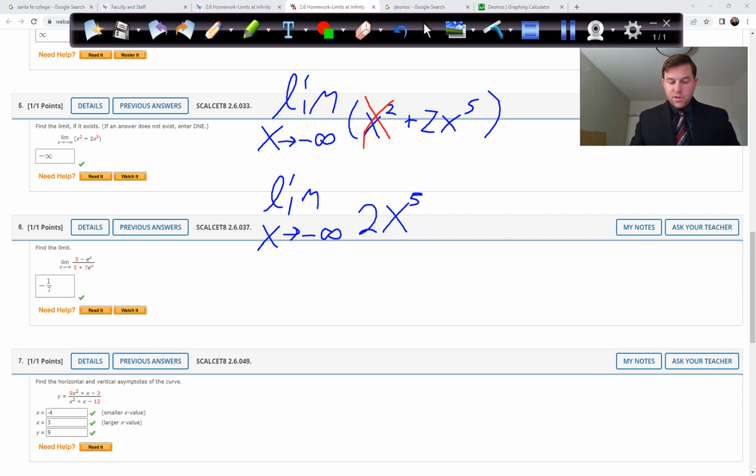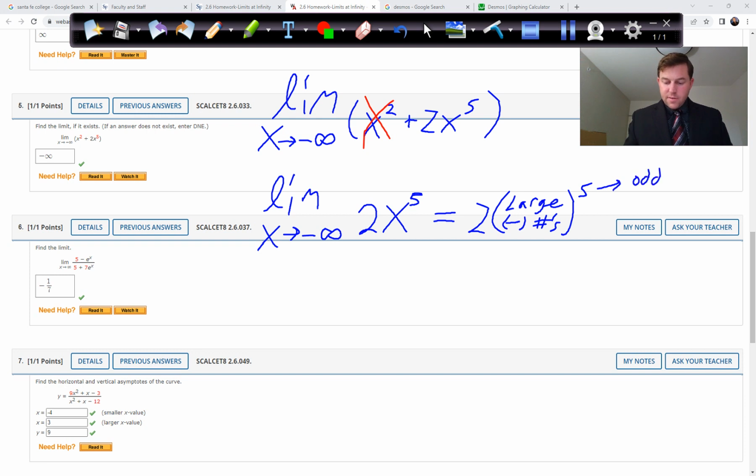Okay, now we have to think about the power. So as you have negative numbers here, so we're putting in large negative numbers raised to the 5th power. Because this is odd, the minus will stick around.